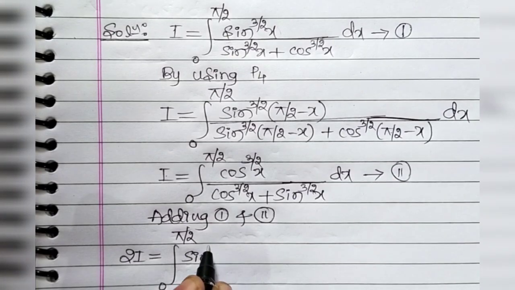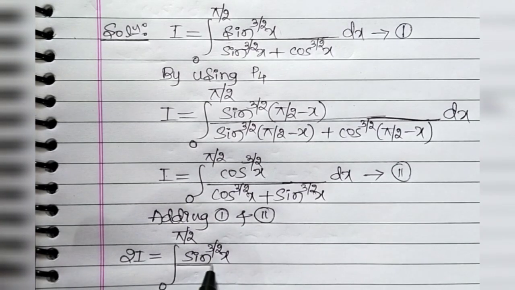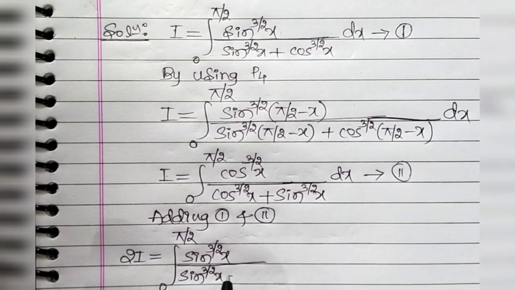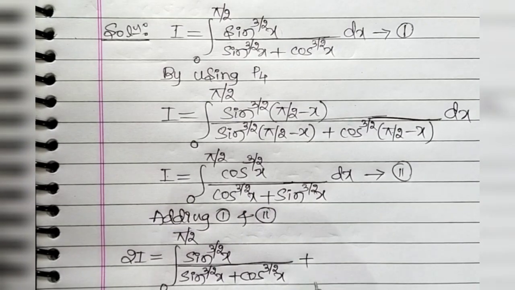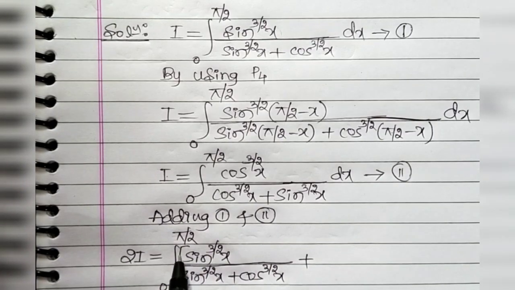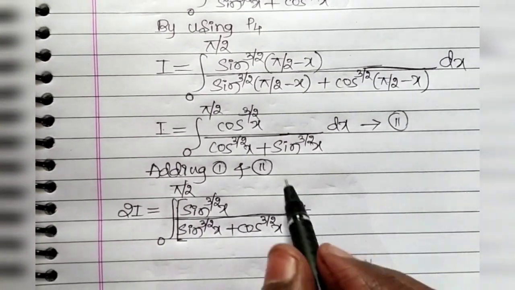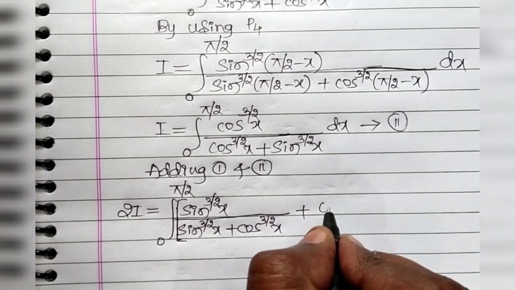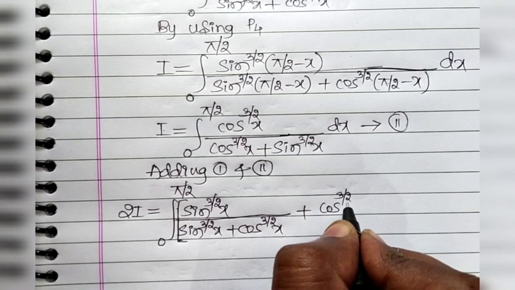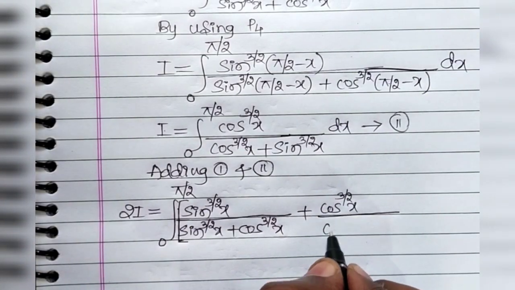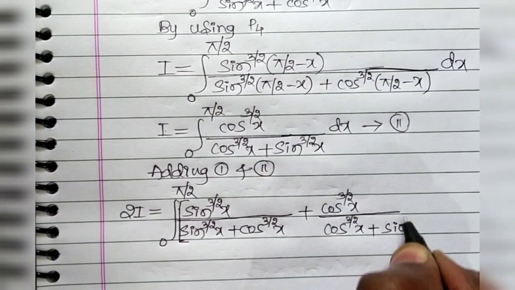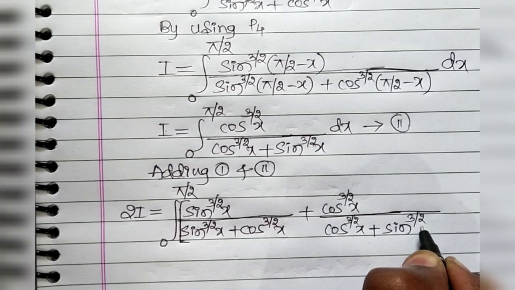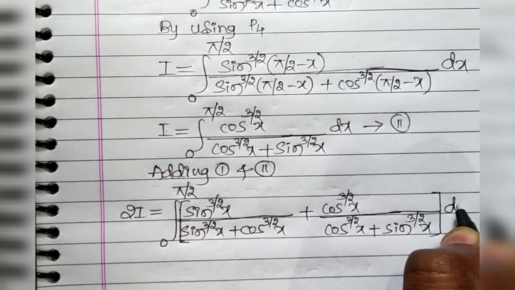Sine to the power 3 by 2 x, the whole divided by sine raised to 3 by 2 x plus cos to the power 3 by 2 x, plus, so here we have to put the square bracket. Here it is plus, then see equation 2 now. It is cos to the power 3 by 2 x, the whole divided by cos to the power 3 by 2 x plus sine to the power 3 by 2 x, dx.